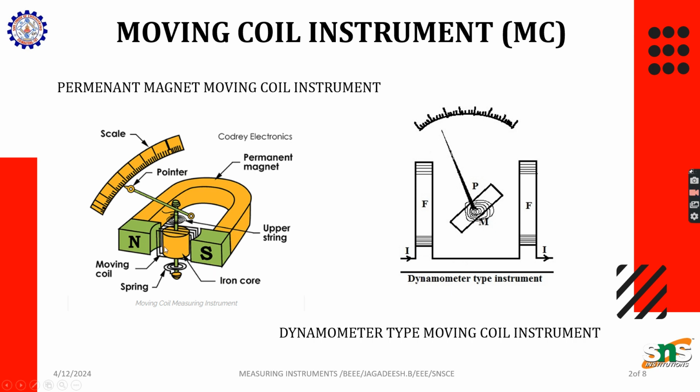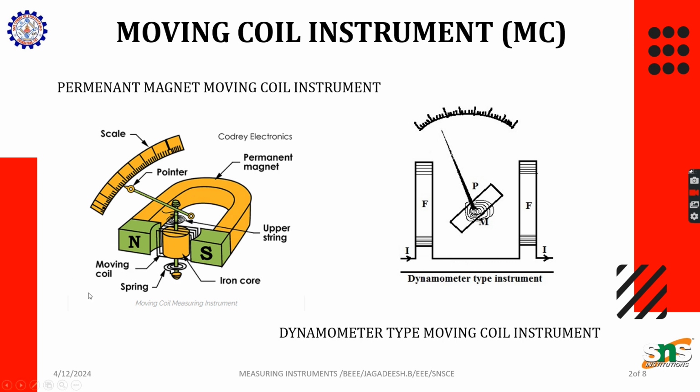Let us come back to Faraday's law of electromagnetic induction. When a conductor or an iron core is placed between the two magnets, north pole and south pole, then an EMF will be induced in the core. Because it is a closed circuit, a current will also flow.